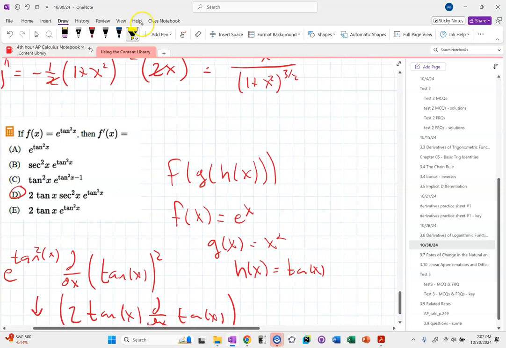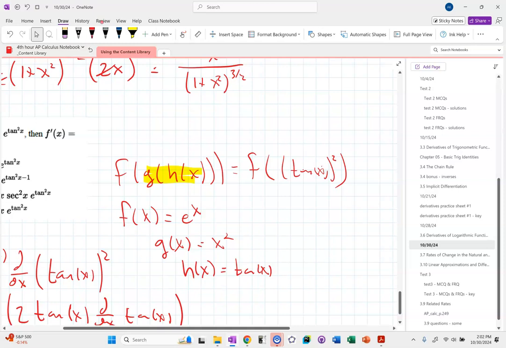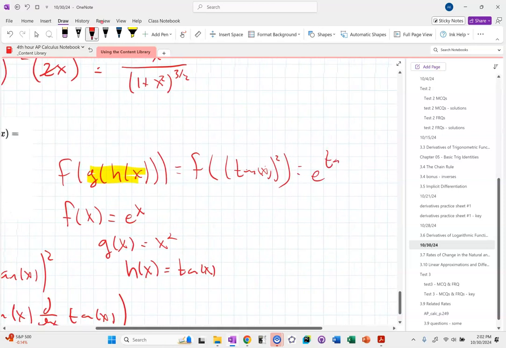So if I look at g of h of x, that's going to be tan x squared, right? And then if I do f of that, that's e to the tan squared x. So there's 3 functions involved. There's 2 chains. You see it now?